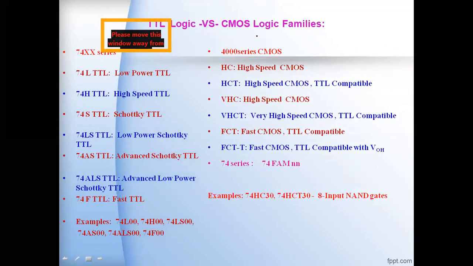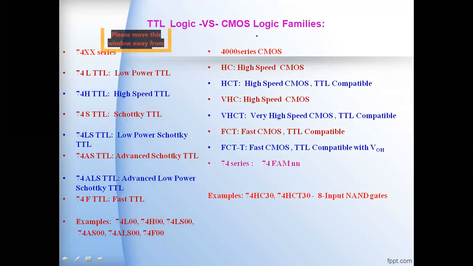And here you can see the overall TTL logic versus CMOS logic families. So whatever we have seen in the earlier classes and this class, these are all the available logic families in TTL and in CMOS logic. Why are we seeing this?